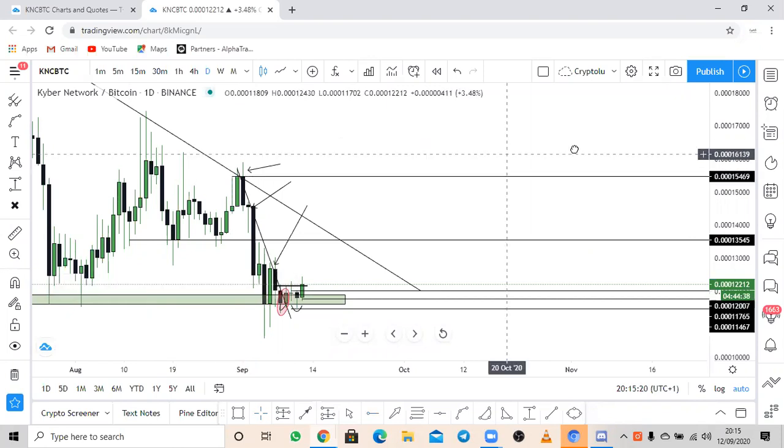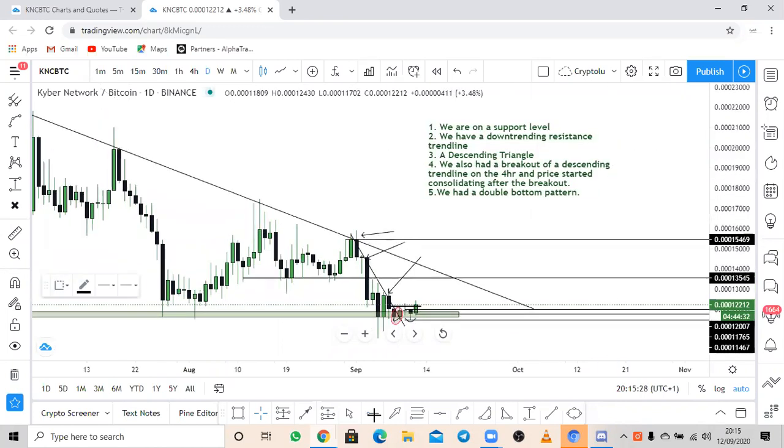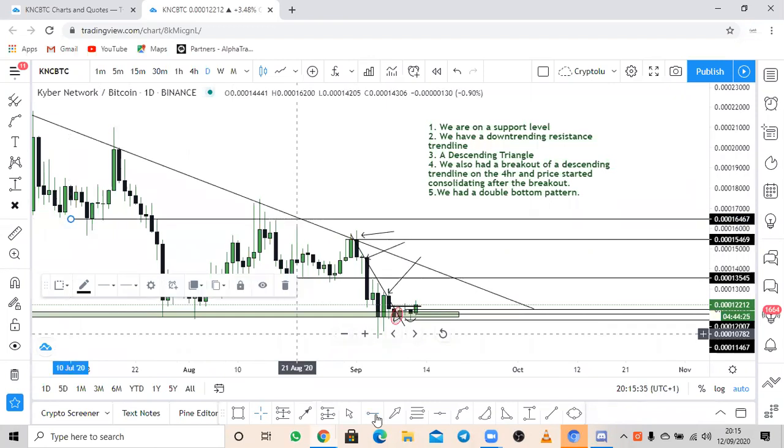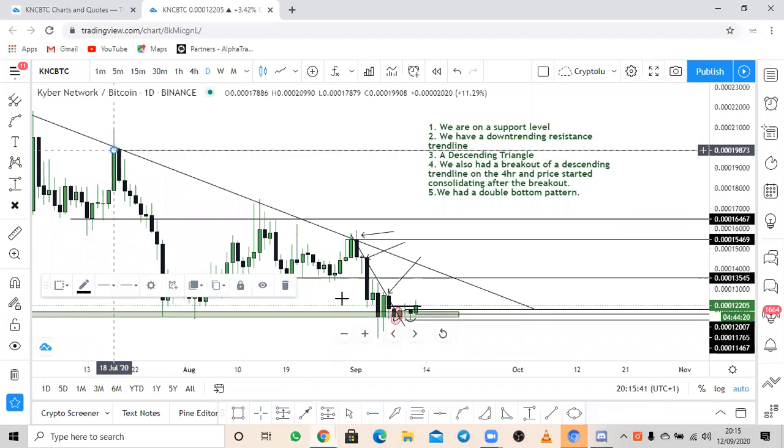And we can continue marking from there. We have another one here, this is another one here, this one also from here, and so on and so forth.